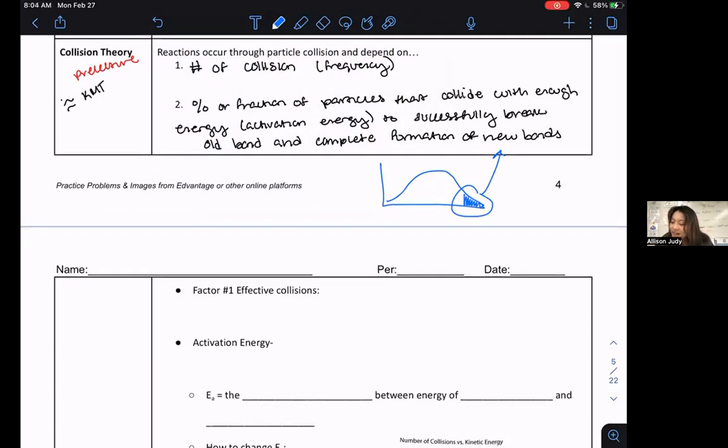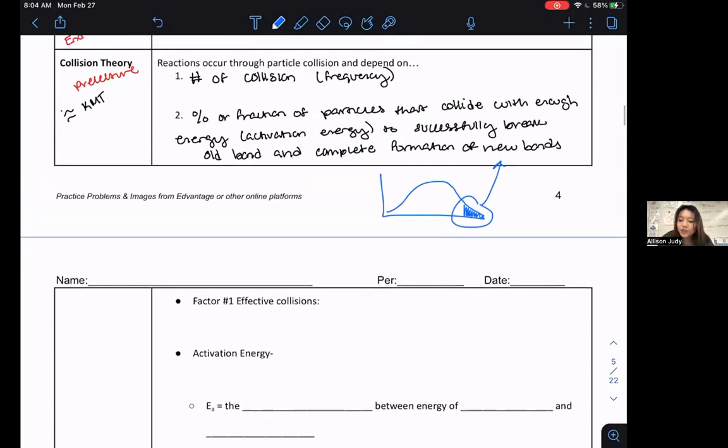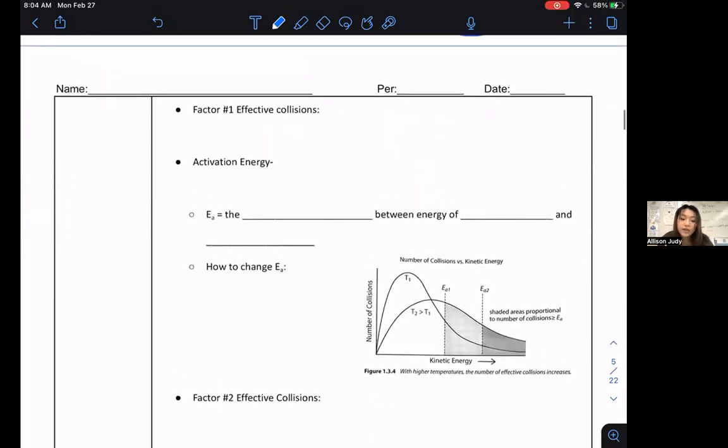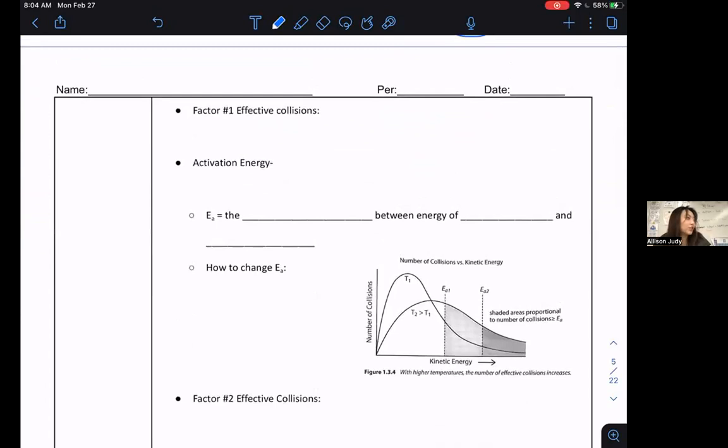From these two postulates or principles of collision theory, we get a couple of things that we analyze when studying and understanding the kinetics of a reaction.